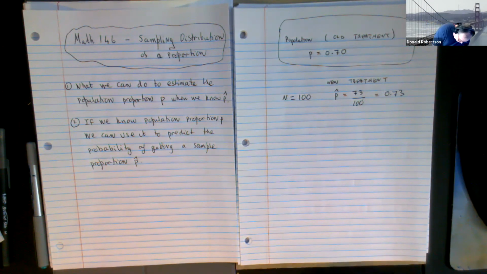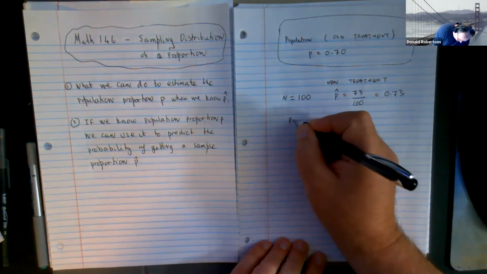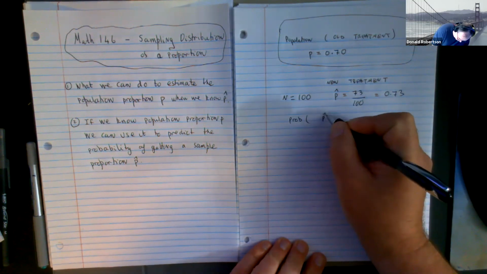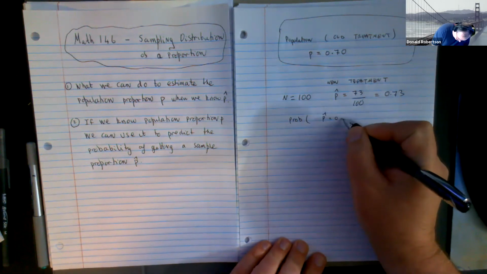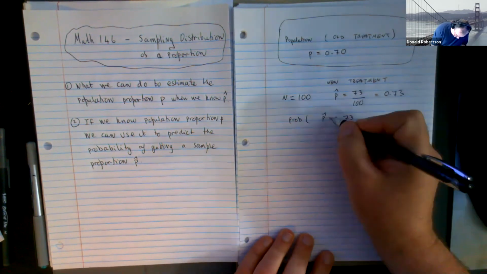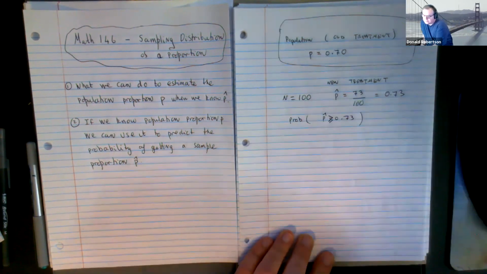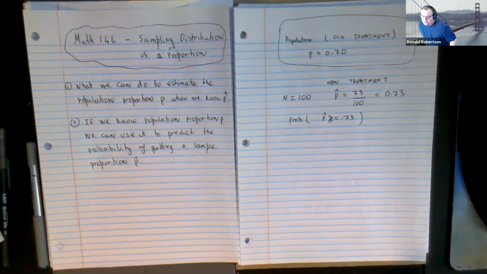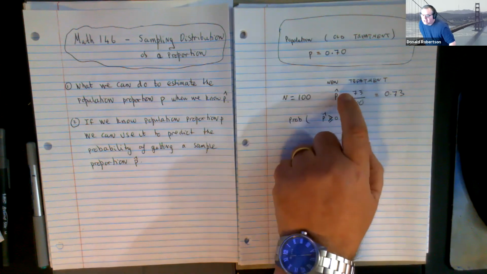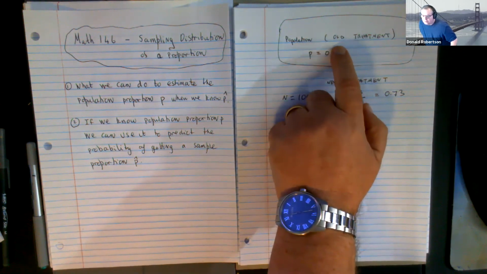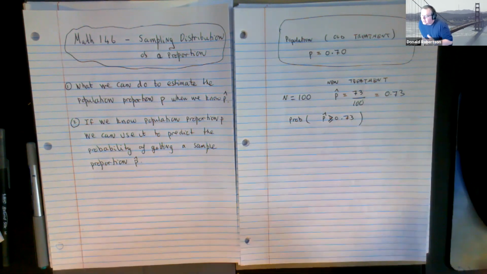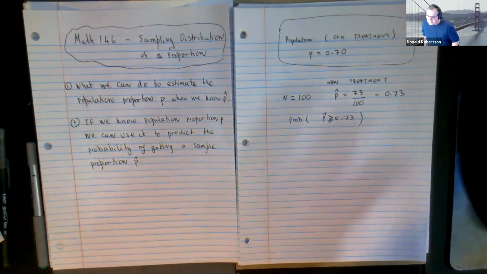Could be that. So we would be interested in what's the probability that you get a p-hat, right? Which is in this case 0.73, right? What's the chances that you get that value or bigger, right? Now, what this probability is going to tell me, in fact, is that if this new treatment wasn't any better than the old treatment, what's the chances that you just get a nice answer like 73 just by randomness and luck?